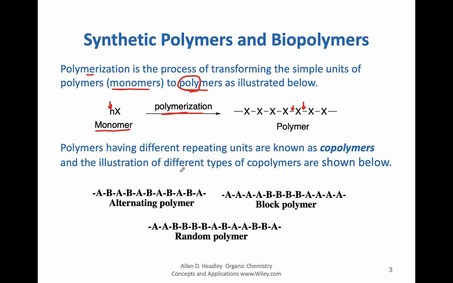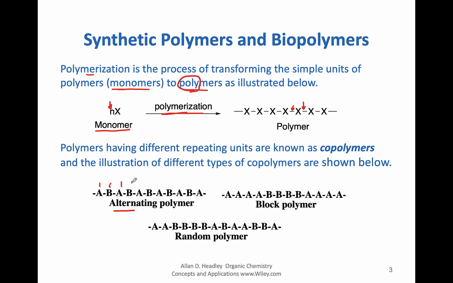There are different types of polymers, however. If we have polymers with one unit, we say it's a simple polymer. But if we have polymers with more than one monomer, there are different possibilities. Shown here are first the alternating polymers. So we have A, B, and it alternates.